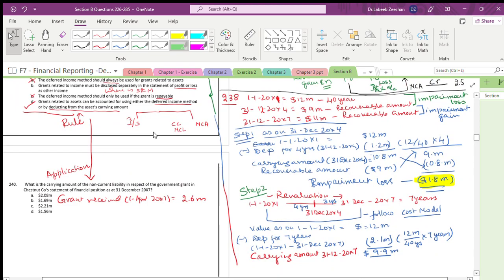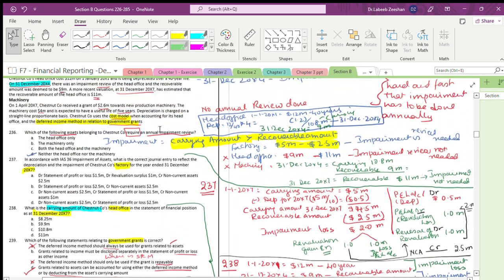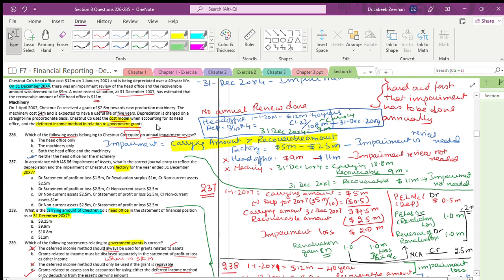Now, deferred income method means you have to deduct it. They received it on 1st April 2007.